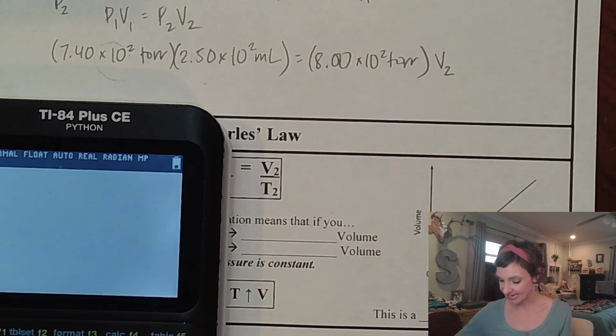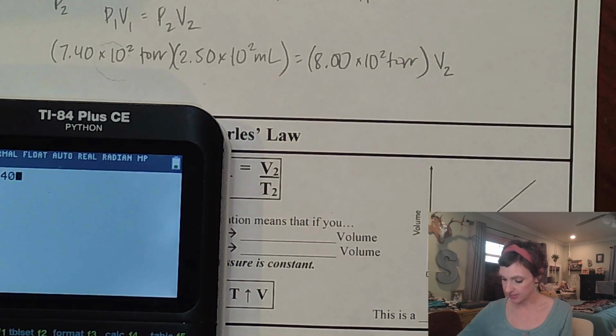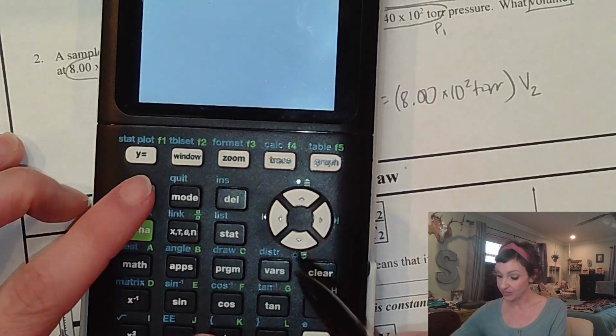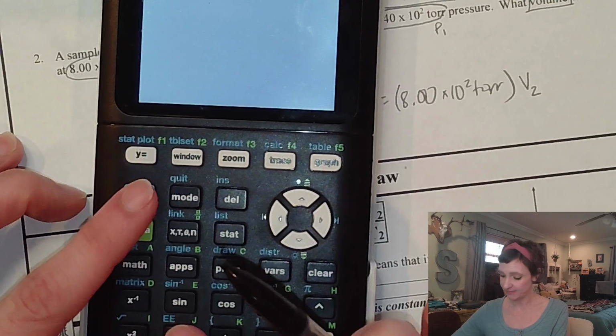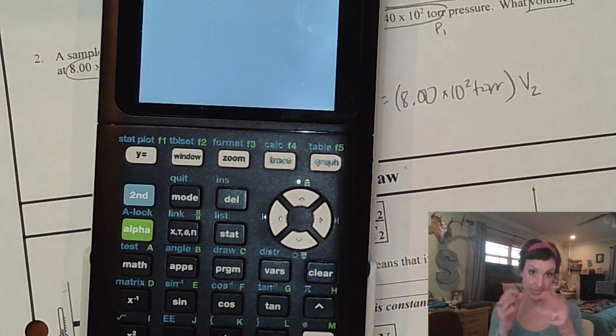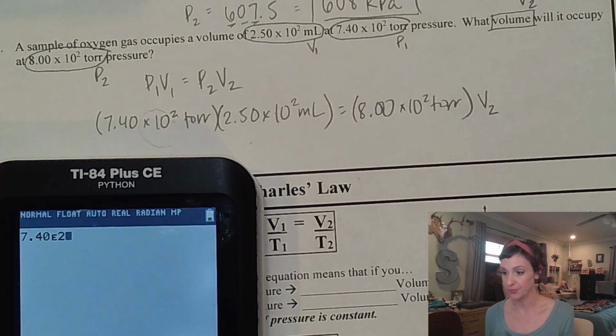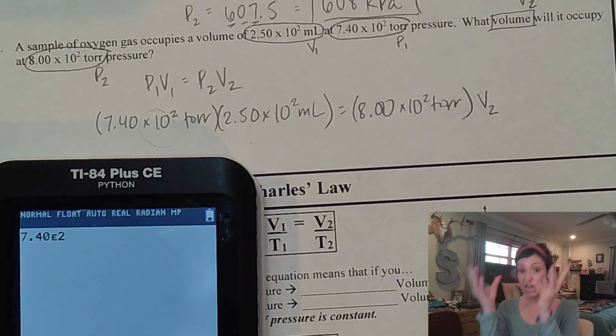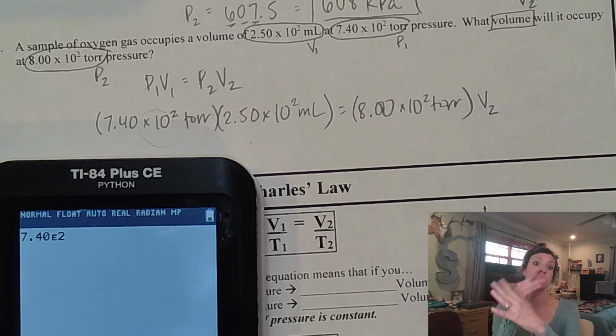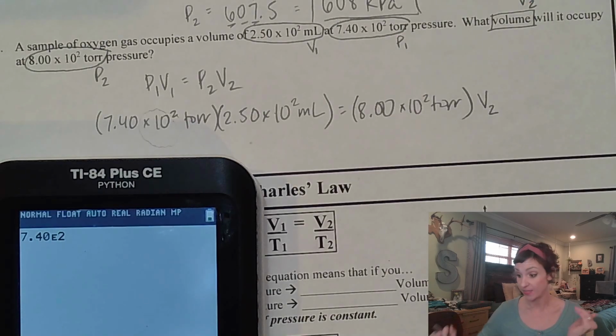So I can type in 7.40, and then my second button on the calculator will allow me to activate that double E, which lets me know that's the times 10 to the. So 7.40 E, and then whatever the exponent is, 2. That is all understood as one thing, so I can immediately say times whatever. This allows me to use scientific notation without parentheses around the thing.